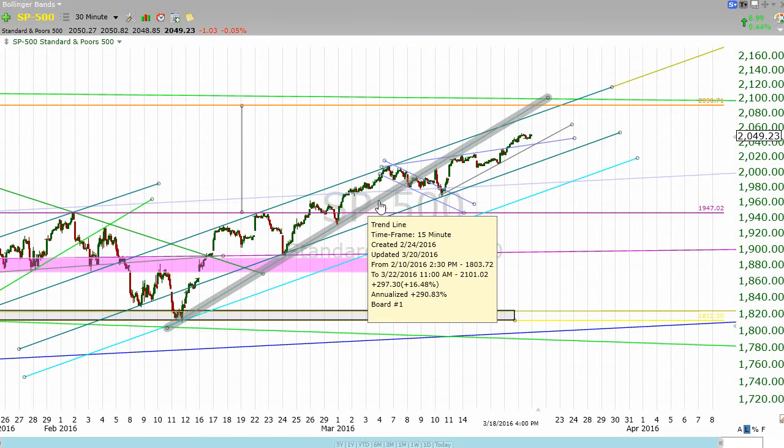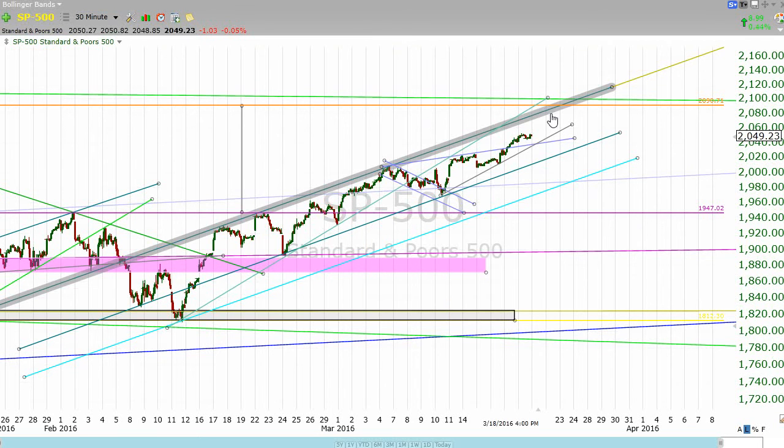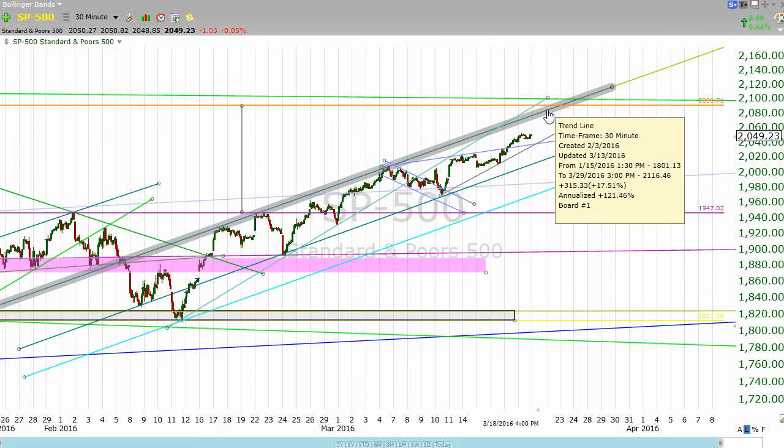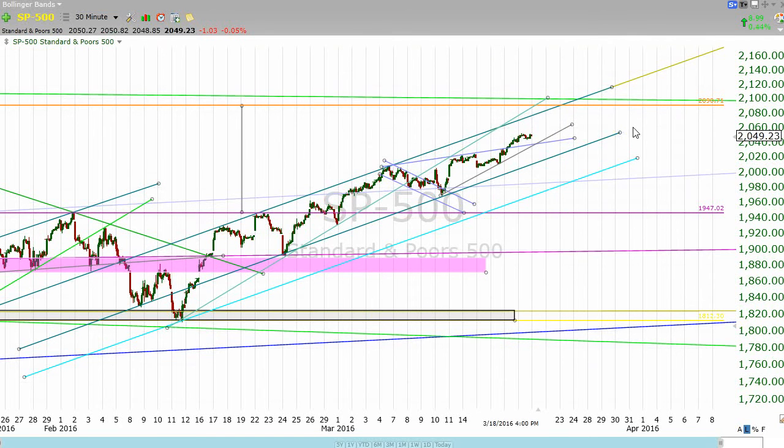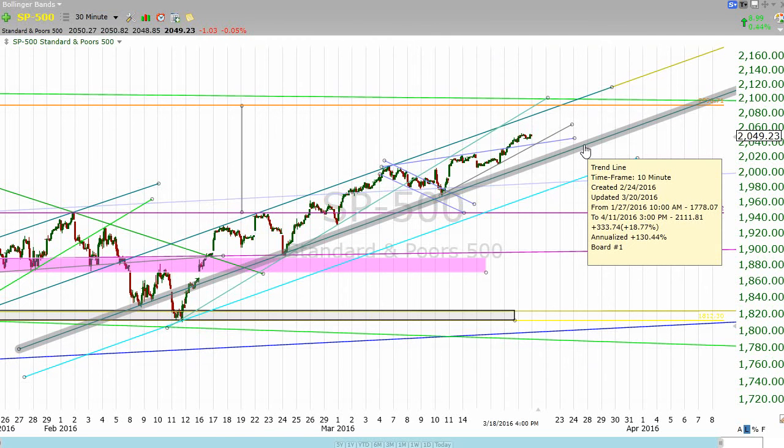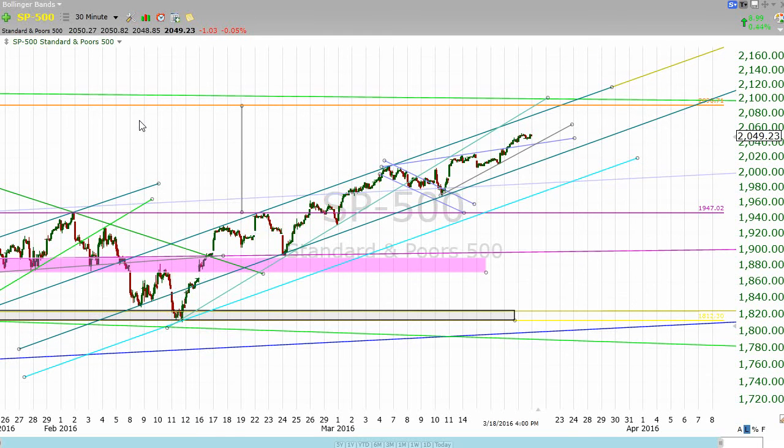But if we don't, if instead we come up to this line here, then maybe the wedge is not the driving force, and maybe we are instead in a parallel channel. The question then becomes, how long will the channel last? Because this thing is rising up at an annual rate of about 130%. That's not going to last for months and months and months.